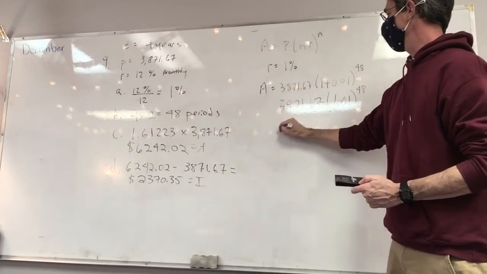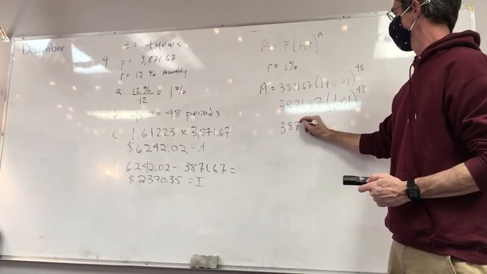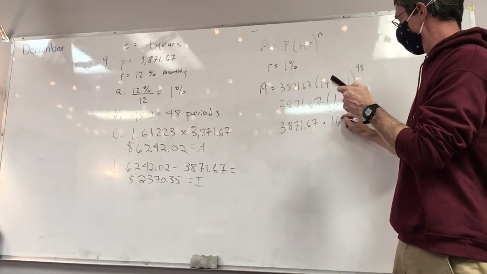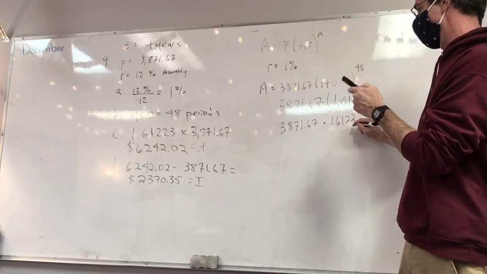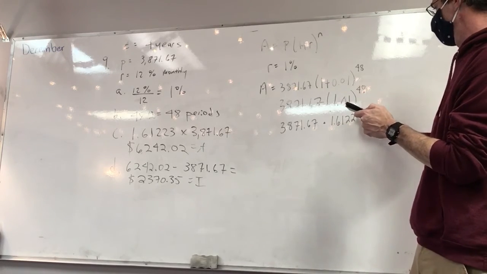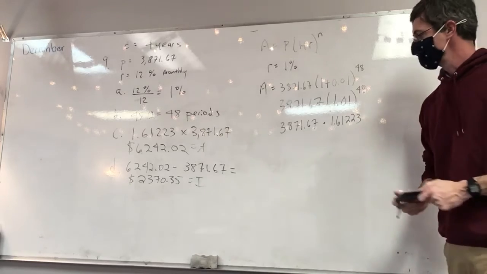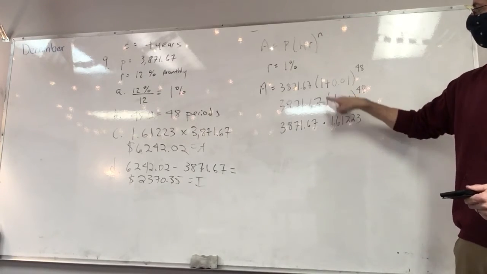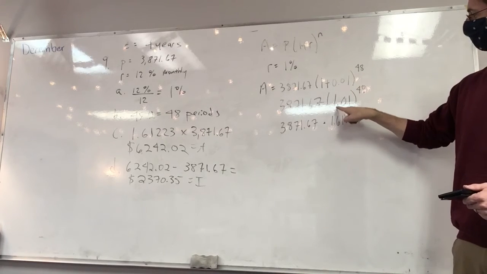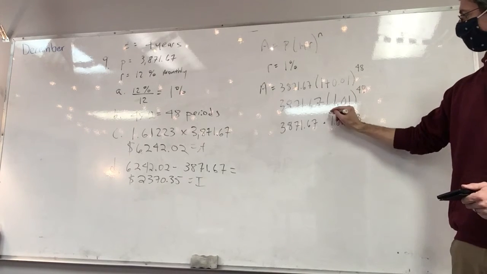Let me show you what I get. 1.61223. This term right here, 1 plus r to the 48, 1.01 to the 48th, is equal to this.